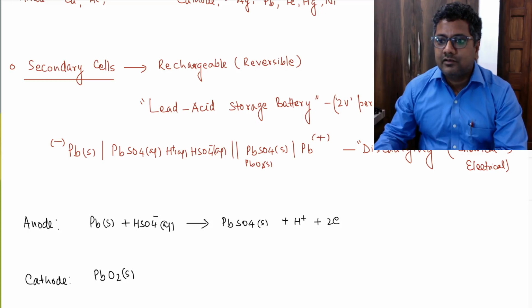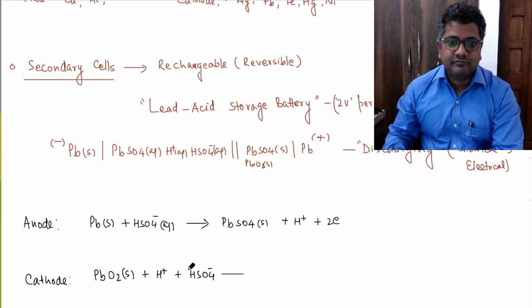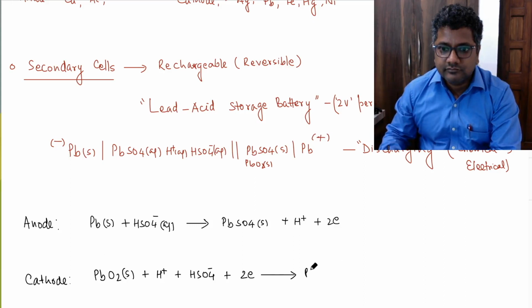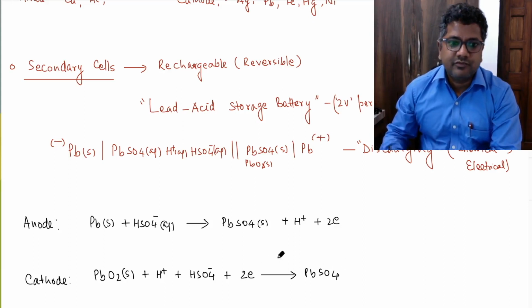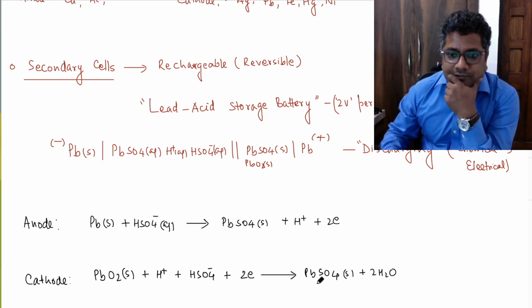PbO2 solid plus H plus plus HSO4 minus, cathode means plus 2 electrons. This will give PbSO4 solid plus 2H2O.